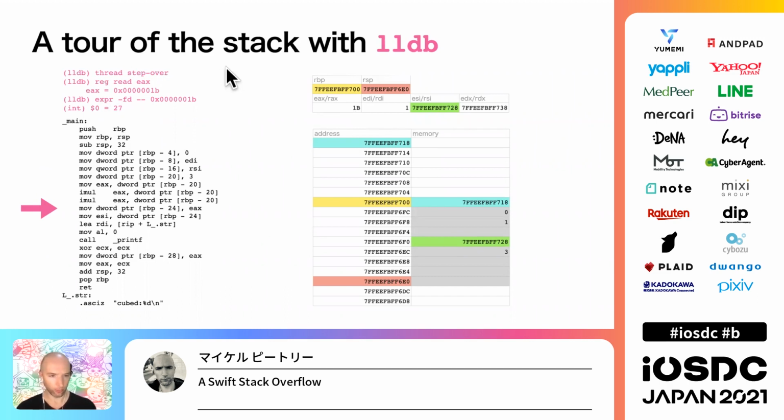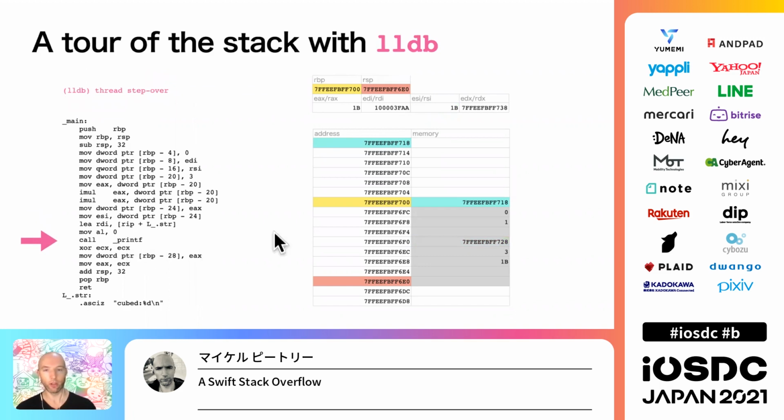I won't go too much into the next few instructions, but essentially they just set up our registers so that we can call into the printf function. So you can see before we call into the printf function, we have a string pointer that has been loaded into the RDI register, and that is just pointing to our formatted string, which is cubed, and it takes a format for an integer.